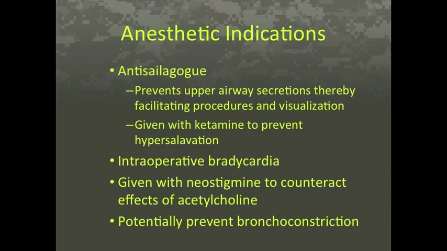Another important use of glycopyrrolate is to counteract the effects of neostigmine administration. Neostigmine inhibits acetylcholinesterase, the enzyme responsible for breaking down acetylcholine. This enzyme inhibition leads to an increased level of acetylcholine, which is desired to reverse the competitive blockade of non-depolarizing neuromuscular blocking agents at postganglionic nicotinic M receptors.